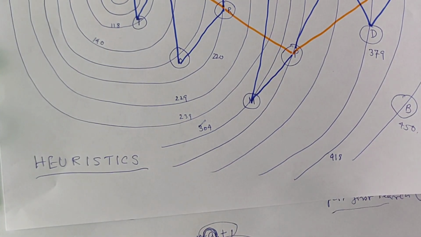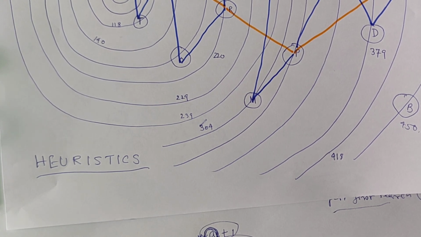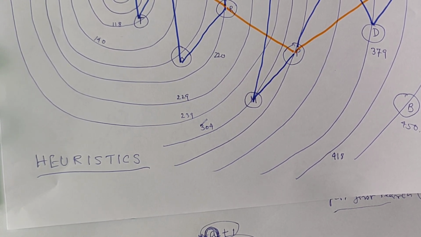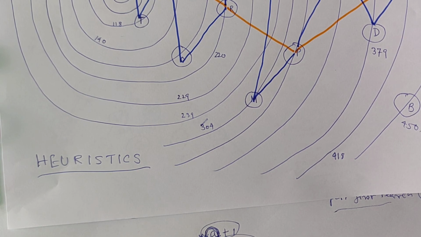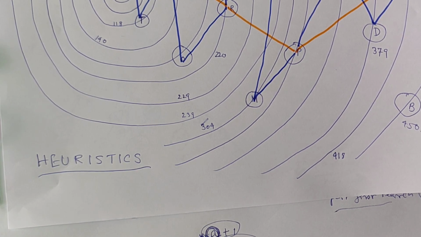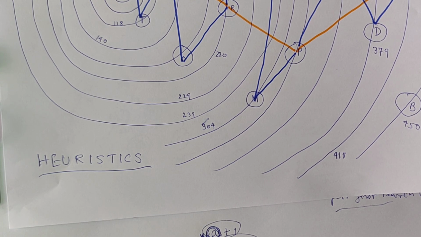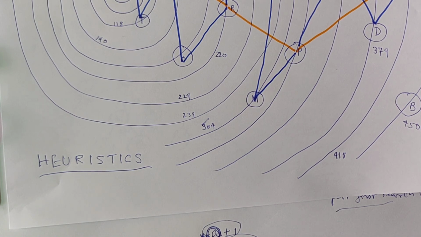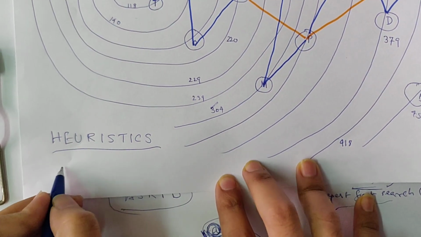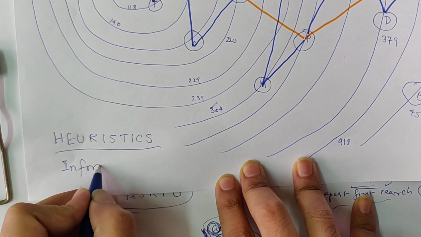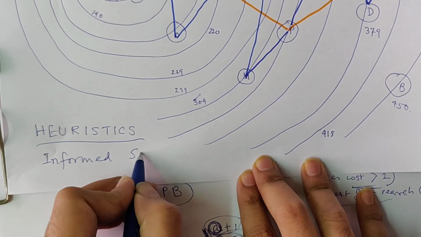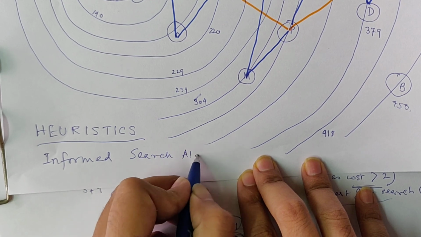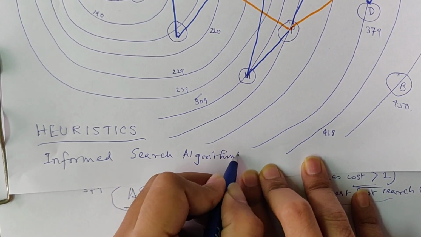The word heuristics means approximate information. This class of algorithms which uses a heuristic or approximate information to figure out whether a state is good enough for opening or being explored are called informed search algorithms, the set of algorithms which use this heuristic.